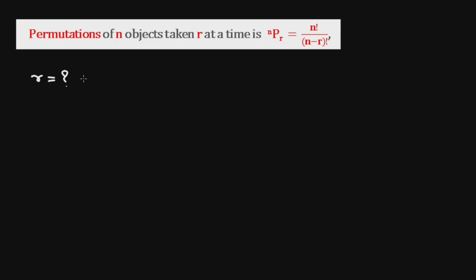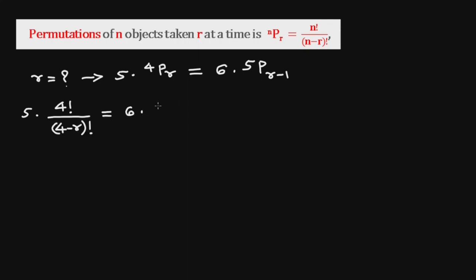Find r if 5 times 4Pr equals 6 into 5P r minus 1. We write this as 5 into 4 factorial upon 4 minus r factorial equals 6 into 5 factorial upon 5 minus r plus 1 factorial, which is 6 minus r factorial.